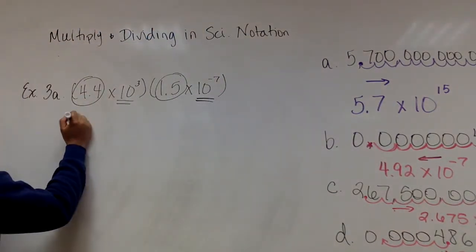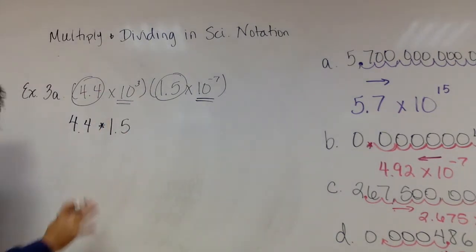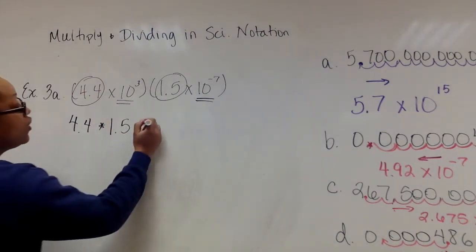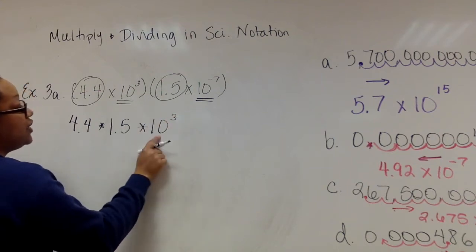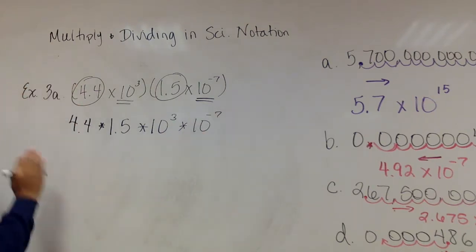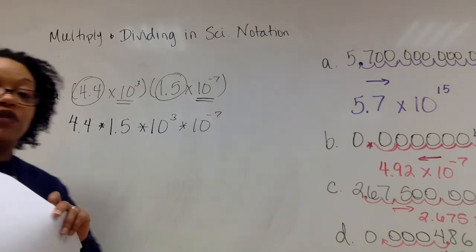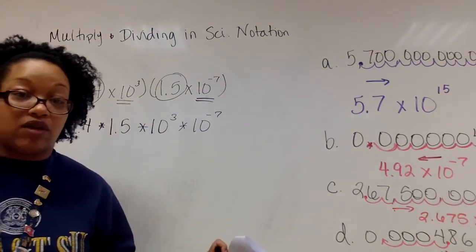So I have 4.4 times 1.5, that's my C's. And then I also multiply my exponents, 10 to the third times 10 to the negative 7. So everything is multiplied. All I did was move things in a different order. We're still multiplying.